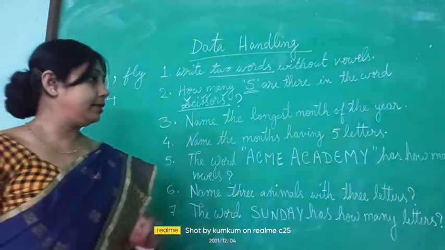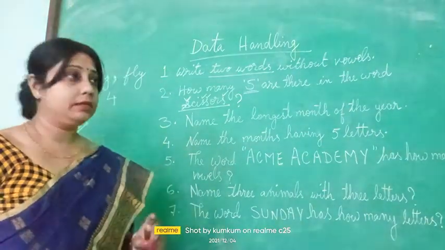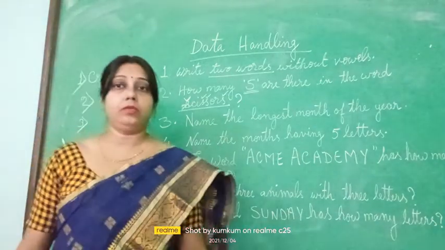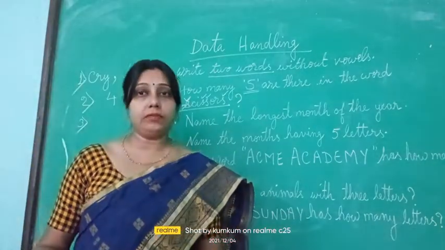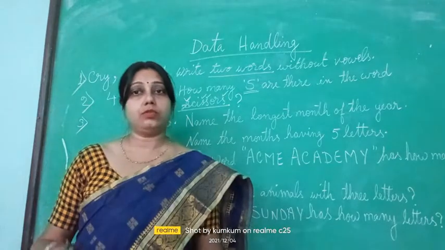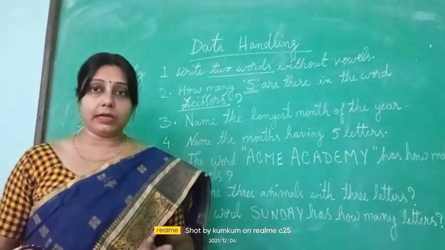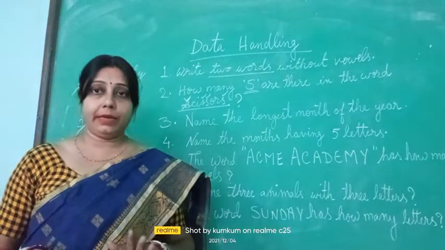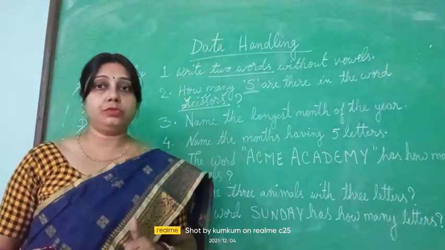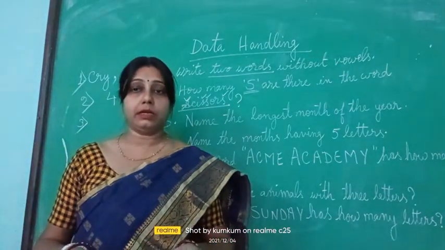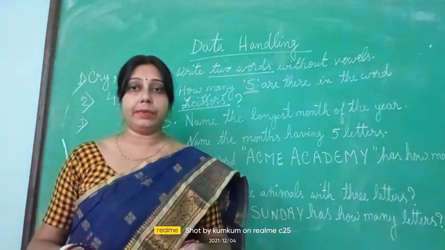The next question: name the longest month of the year. Now we know that there are 12 months in a year. So if you are reading January, February, March, April, May, June, July, August, September, October, November, December.